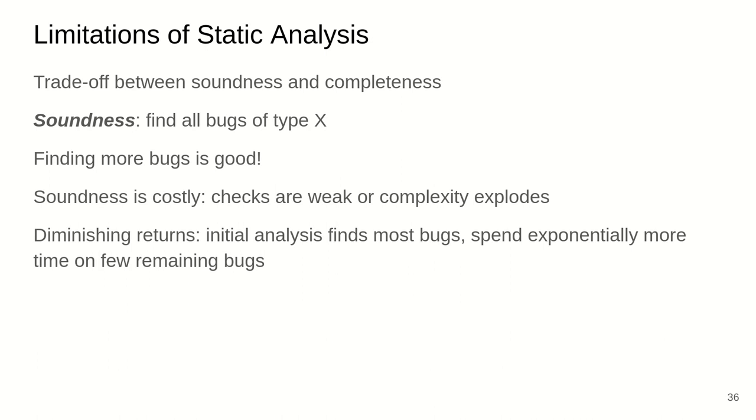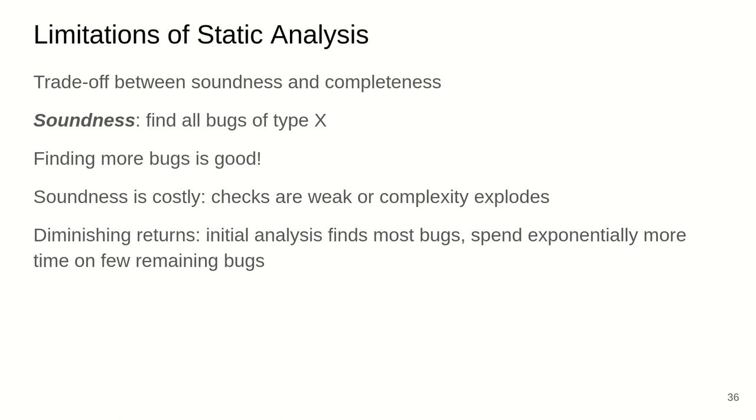There's also diminishing returns. The initial analysis may find a lot of bugs, and then you need to exponentially spend more and more time on the few remaining bugs as we go further and deeper into the code. Right, so there's an inherent issue with completeness of static analysis, but also with soundness, and you need to tune this trade-off accordingly.